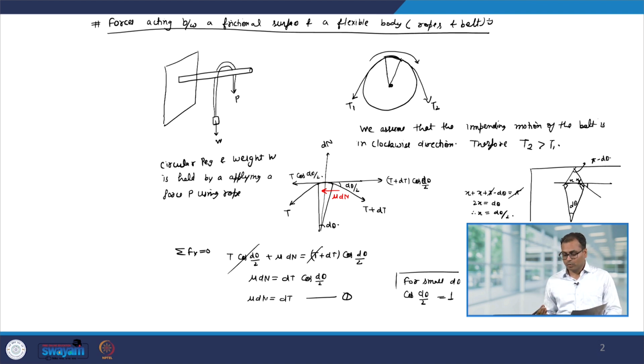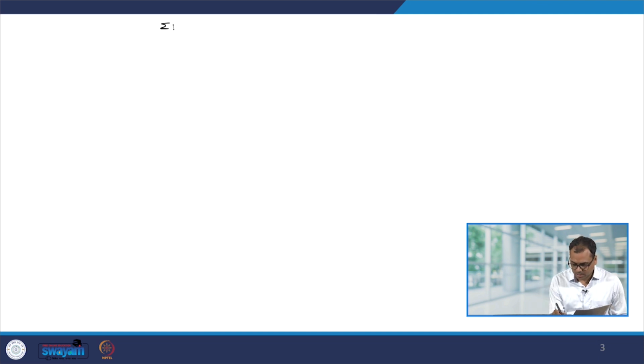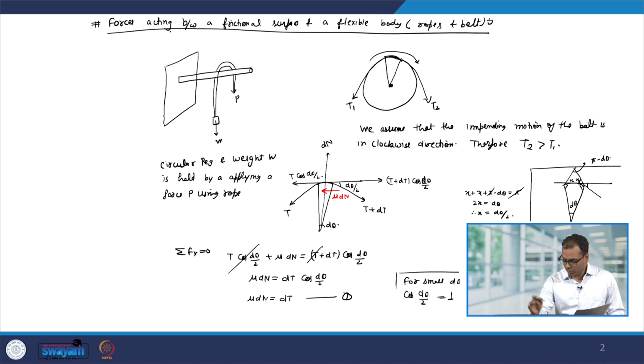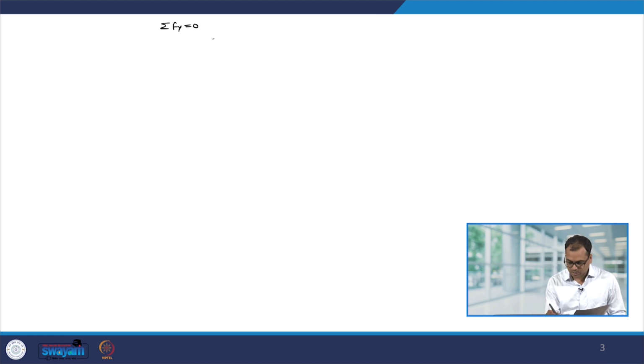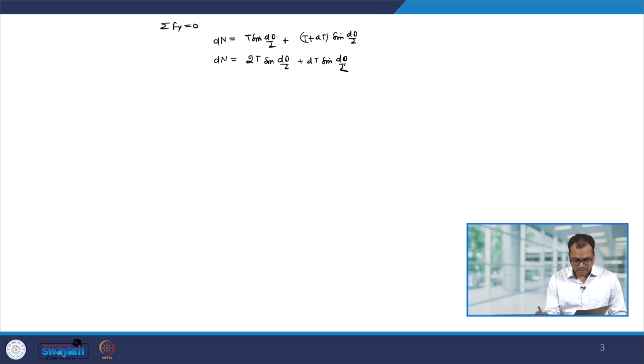Now, let us balance the forces in the y direction. Summation Fy equal to 0. In the y direction we have the dN force, and that will be equal to T sin d theta by 2 plus T plus dT sin d theta by 2. Therefore, dN equals 2T sin d theta by 2 plus dT sin d theta by 2.